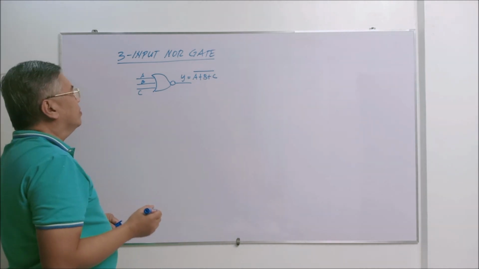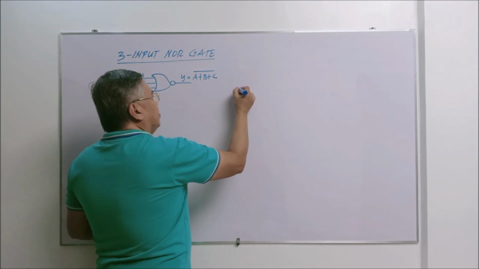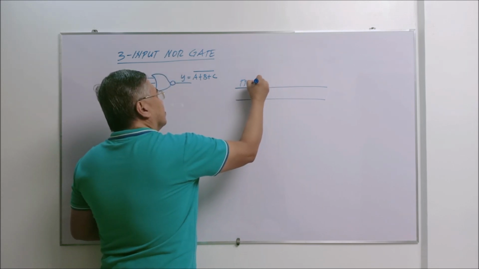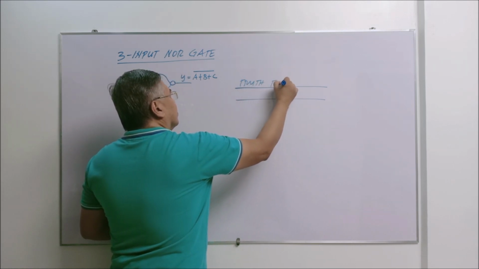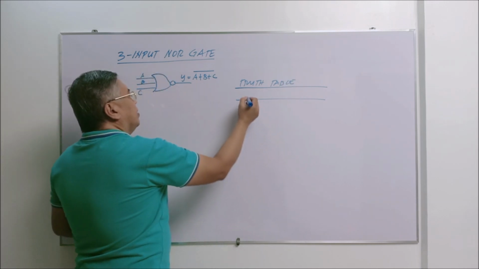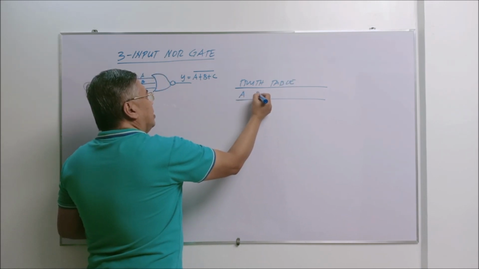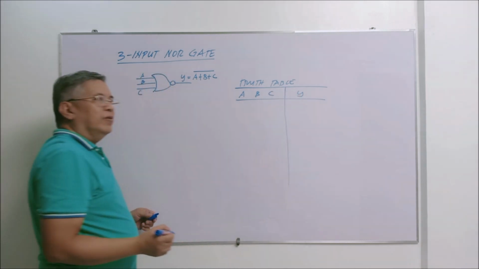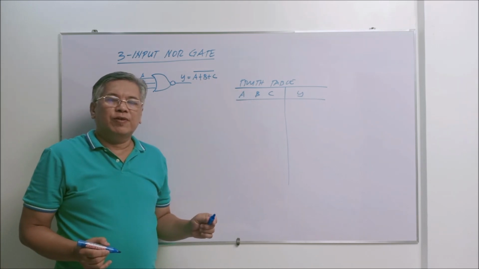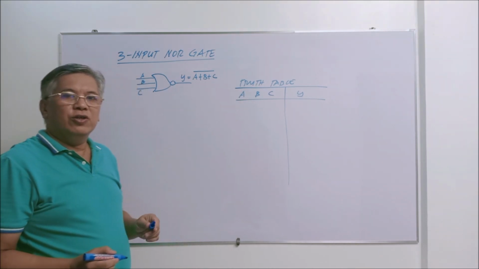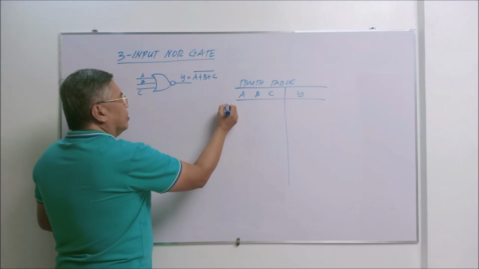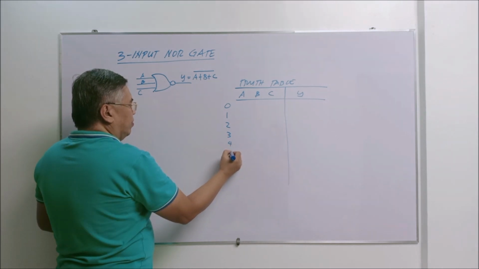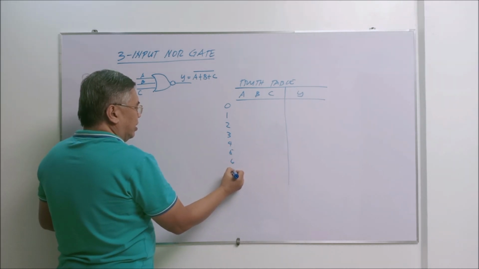Now, what will be our truth table? You have A, B, and C. Again, how many combinations do we have here? Since we have 3 input variables, you have 2 to the 3, which is 8 combinations: 0, 1, 2, 3, 4, 5, 6, and 7.